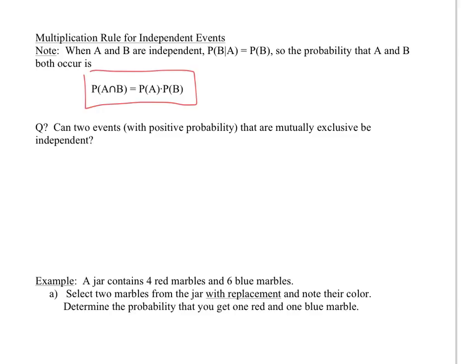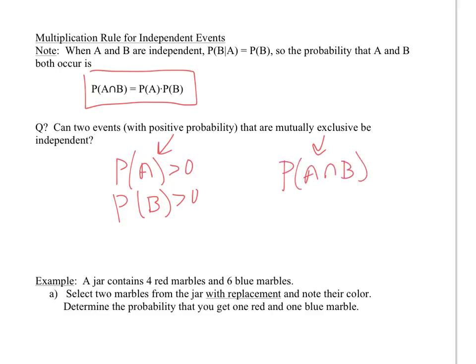That leads us to an important concept to help you distinguish between the words independent and mutually exclusive. So two events with positive probability are letting me know that P(A) is something greater than 0, P(B) is something greater than 0. Well, if two events are mutually exclusive, we learned from a previous definition that P of A intersected with B equals 0.